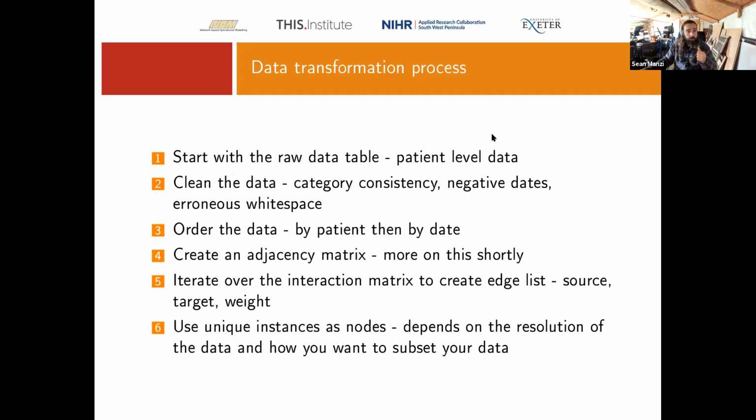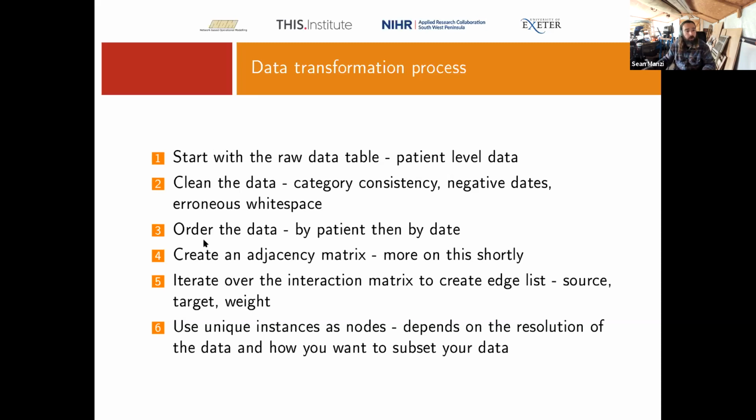We'll look more specifically at what data that is in a minute. The next step is to make sure that we clean our data. I'm sure this is something that you all do a lot of. So here, we give it a good clean, looking at category consistency, pulling out negative dates, erroneous white space, all that kind of naming consistency through the data.